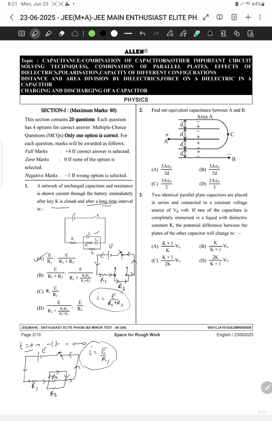Second question: find the equivalent capacitance between A and B. Here we have several plates, so we'll try to draw a replacement diagram.